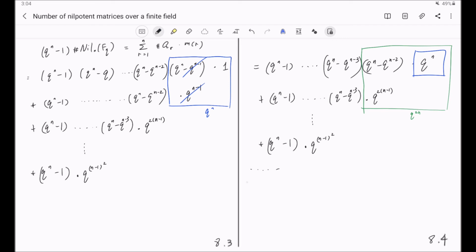In the end, you're going to get q raised to the power n minus 1 times, for the last term, you're going to replace this 1 before n and 2 before n by n minus 1 before n.